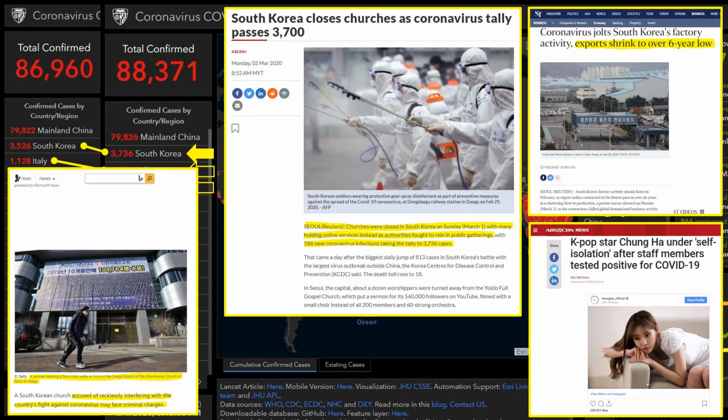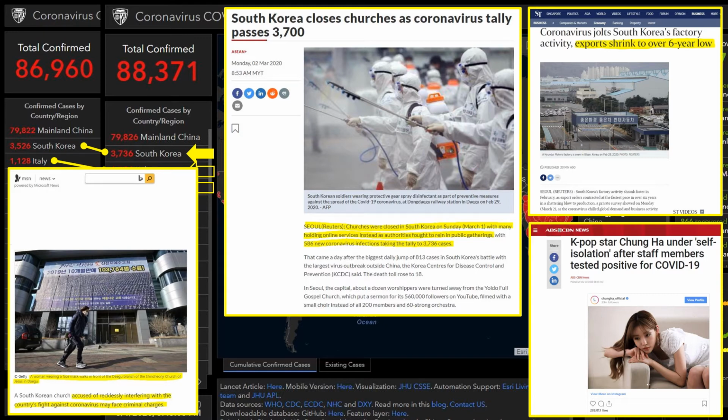So there's a few stories involving that. One is that the churches across South Korea were closed on Sunday just to prevent the spreading of coronavirus.